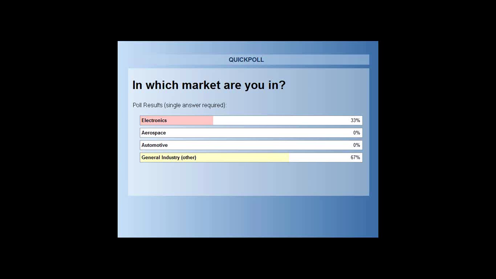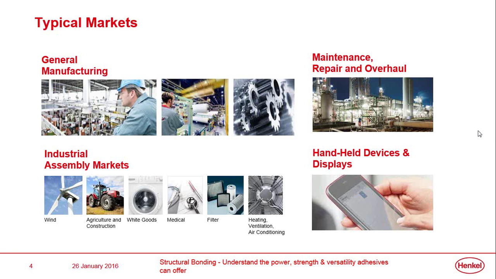Okay, so the result of that is that 2/3 of you are in the general manufacturing industry, and 1/3 of you are in the electronics industry, which is good news because it means that we're talking to an audience that will have opportunities for adhesive bonding. So that's excellent. Thank you.